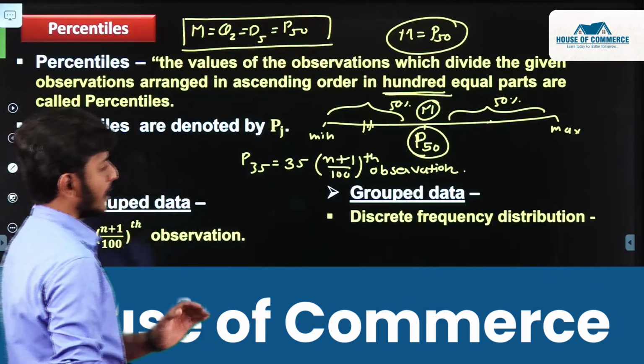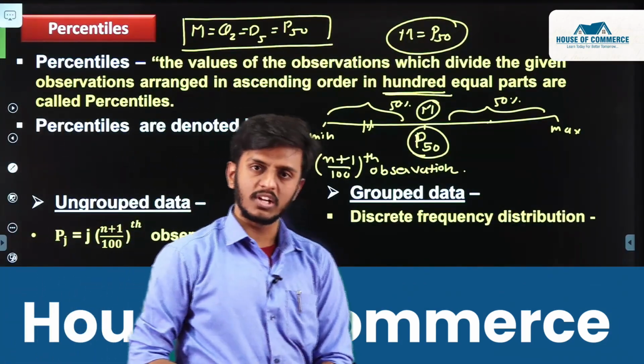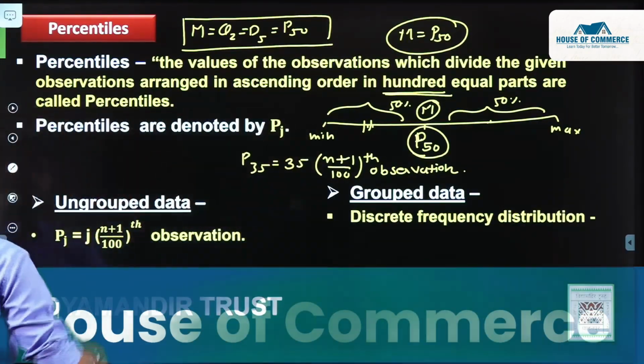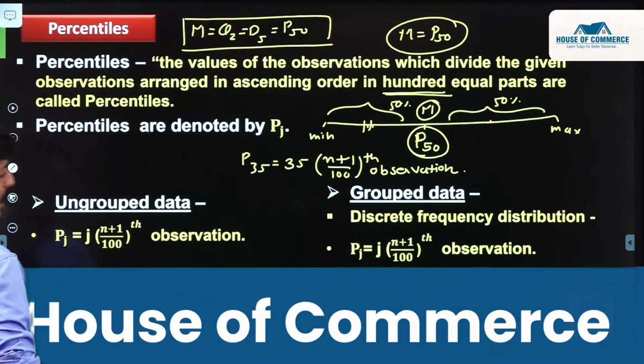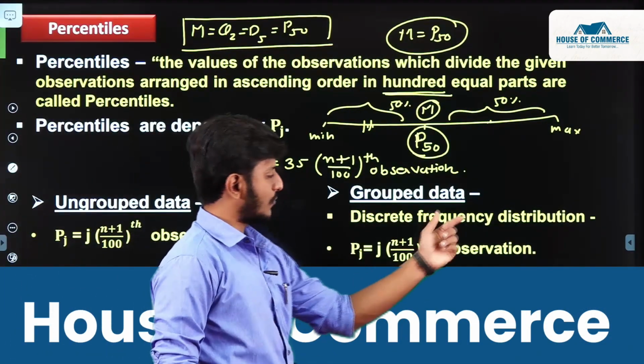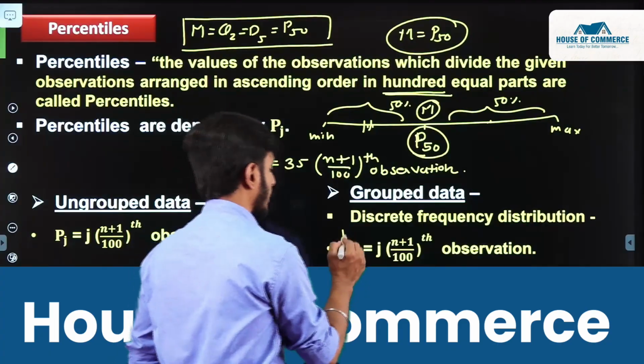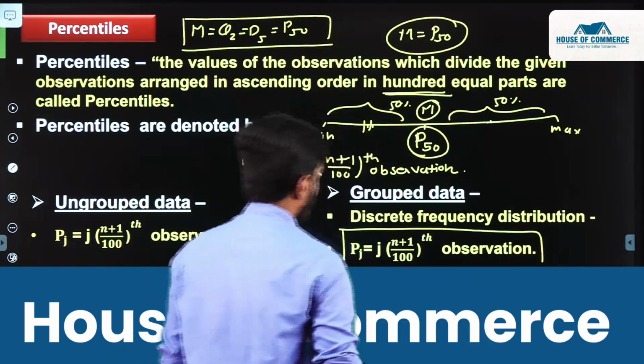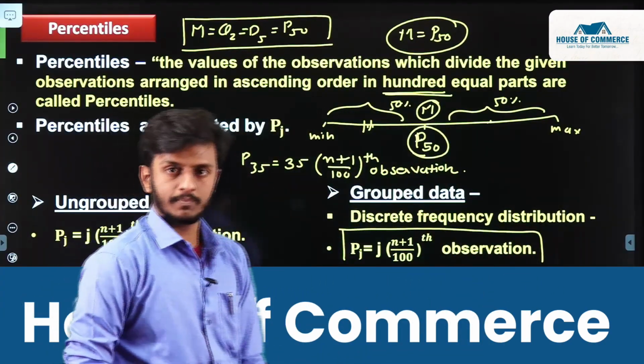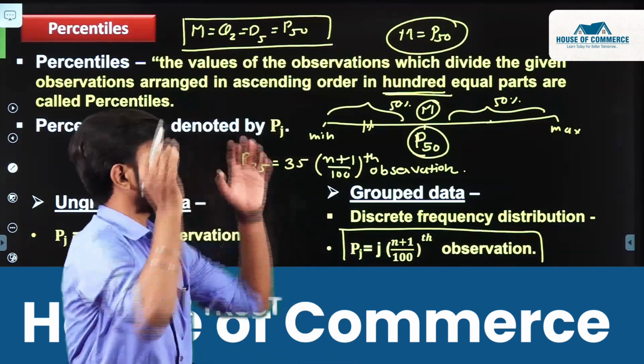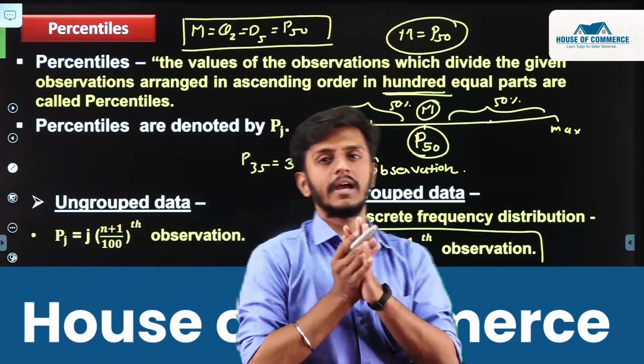There are two parts of grouped data: the first is the discrete frequency distribution, and the other is the continuous frequency distribution, where the classes are mentioned. For the discrete frequency distribution, we'll use the same formula, Pj equals j in bracket (n plus 1) by 100th observation.